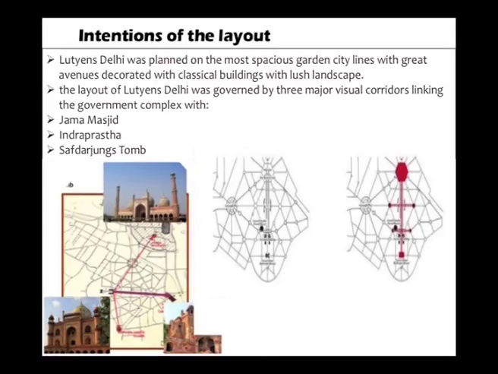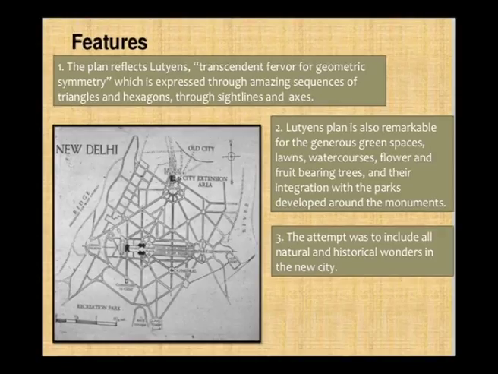On one side you had the Jama Masjid, the Indraprastha and the Safdarjung tomb. These were the 3 old monuments, and keeping these in mind, they wanted this to comply with the new India monuments: the Parliament House, the Rashtrapati Bhavan as well as the India Gate.